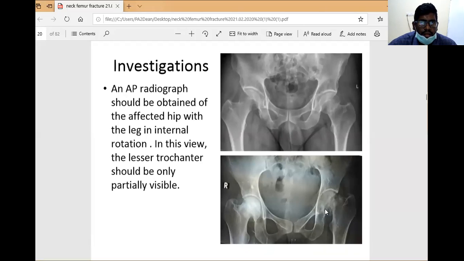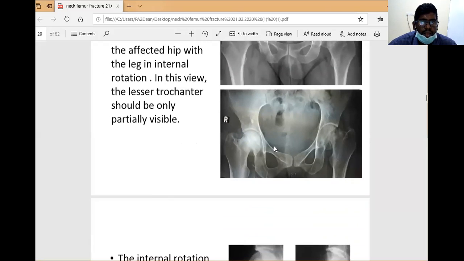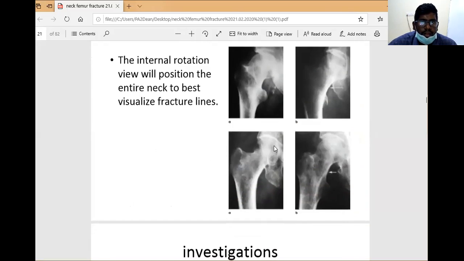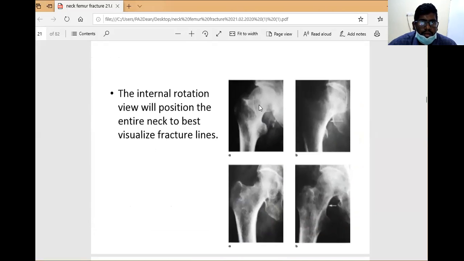Here Shenton's line is broken, and sometimes the fracture may not be visible routinely. Here there is a fracture neck of femur, but it is not visible. If you see, the lesser trochanter is prominent, meaning it is externally rotated. If you take a radiograph with the lower limb in internal rotation, you can identify a small fracture.